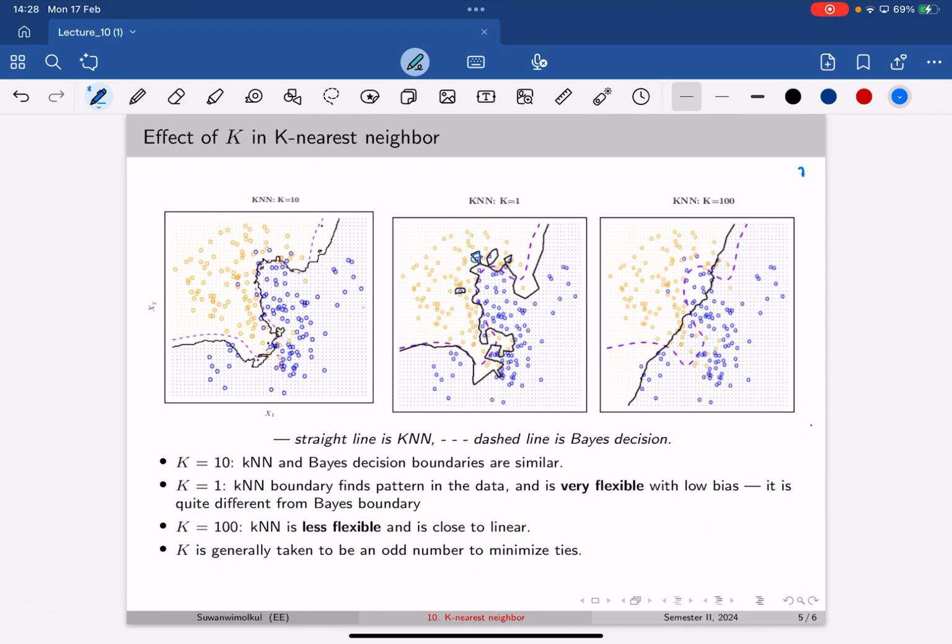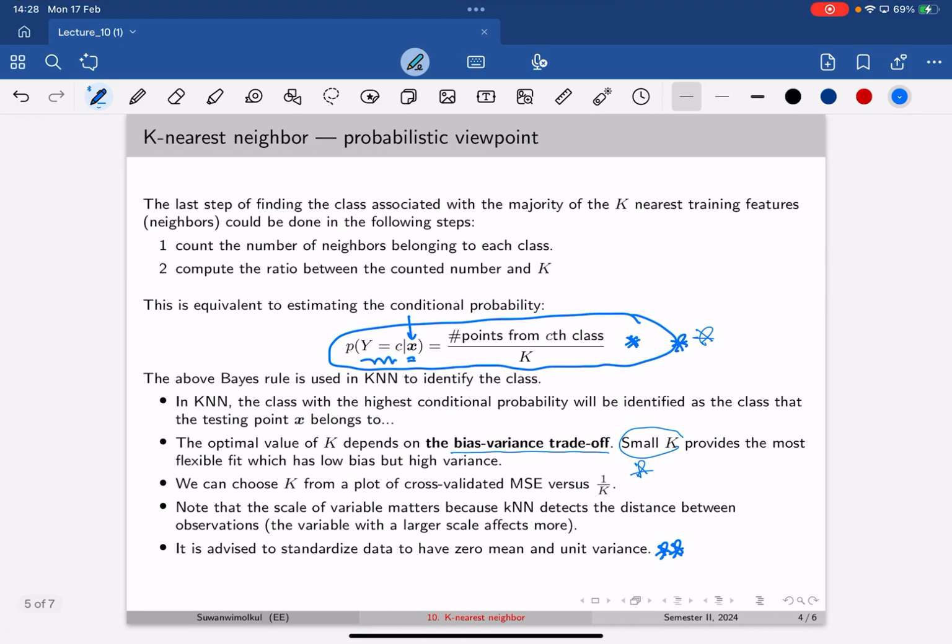And when it's very delicate, it's described as highly flexible in a way. So that will introduce high variance if K is small. But if K is large, then your decision will be biased by the number of training samples. So when K is large, it has high bias.